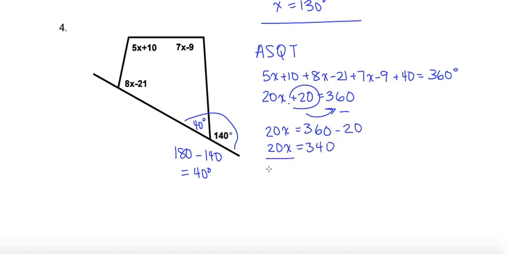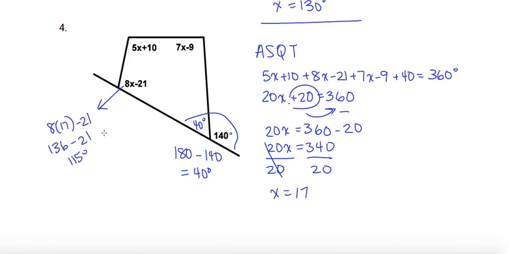Now I need to divide both sides by the coefficient in front of my x. 20 divided by 20 is 1, so I'm left with x, and 340 divided by 20 is 17. So now this angle is 8 times 17, take away 21. 8 times 17 is 136, take away 21, so this one is 115 degrees.